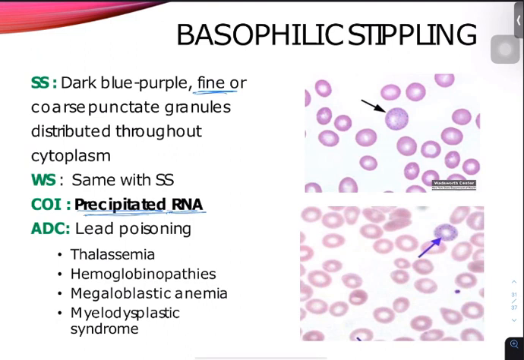When you say dark blue stain caused by RNA, that's diffuse basophilia. But if you say precipitated RNA causing dark blue purple granules, then that's basophilic stippling. Associated disease: usually the hallmark of lead poisoning, thalassemia, hemoglobinopathies, megaloblastic anemia, and myelophthisic anemia.